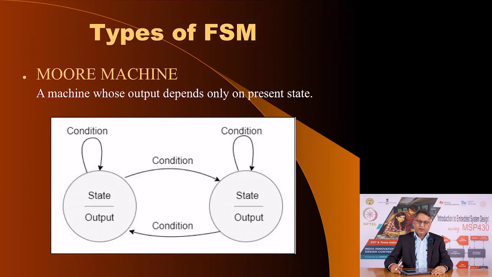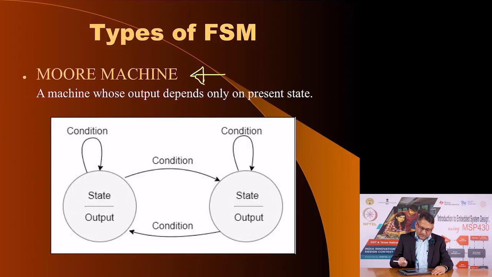Now, broadly there are two types of finite state machines. One is called the Moore machine. The characteristic of this Moore machine is that the machine output depends only on the current state. The representation of the states, outputs and the transition conditions is illustrated using a diagram called a state diagram.